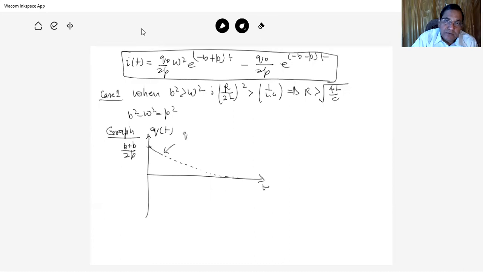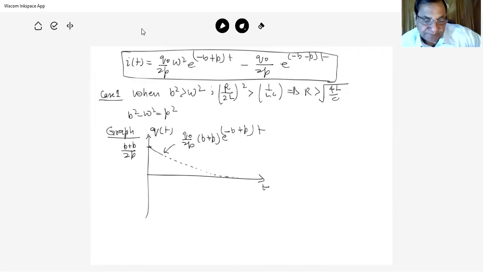So this is Q0 by 2P, (B plus P) e raised to the power minus (B plus P) into T. Yes, this is the graph. And the second graph will be formed. This is minus (B minus P) upon 2P, and this graph is something like this.